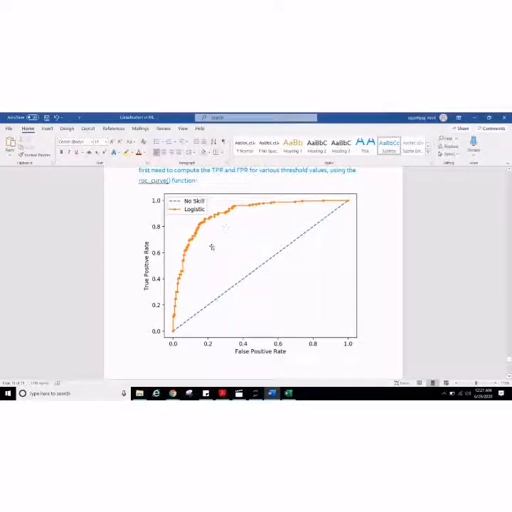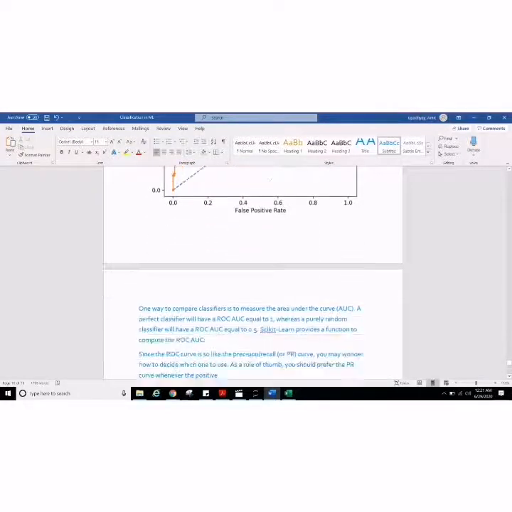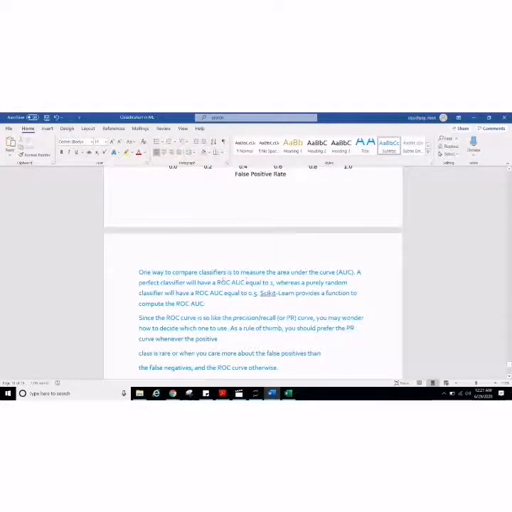And in any classification we want the true positive rate to be high and the false positive rate to be low. One way to compare classifiers is to measure the area under the curve, AUC. A perfect classifier will have ROC-AUC equal to 1, whereas a purely random classifier will have ROC-AUC equal to 0.5. Scikit-learn provides functions to compute the ROC-AUC.